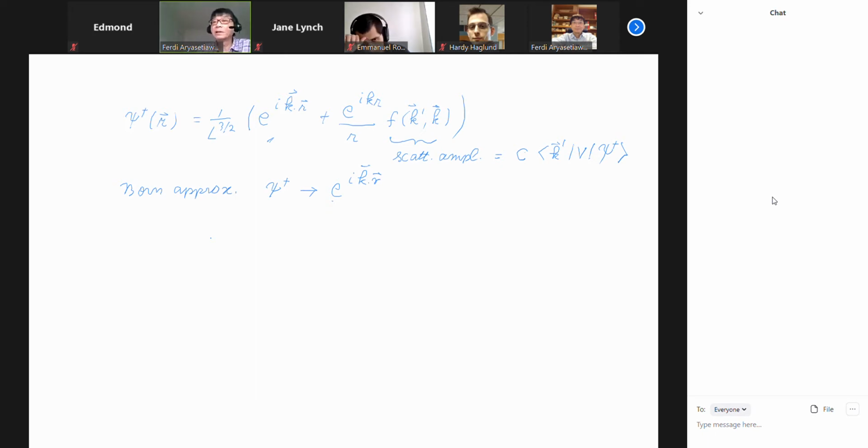So that's a bit like iterating the Lippmann-Schwinger equation. Yes, you put the solution on the right-hand side, and you will generate terms, first order in V, second order in V, and so on. So the Born approximation is just keeping the first order term.